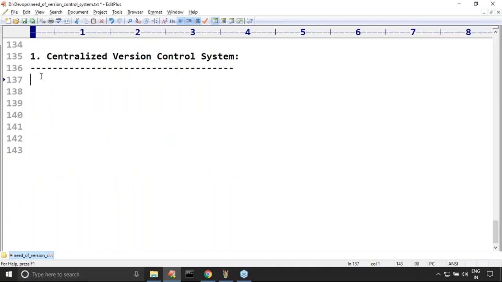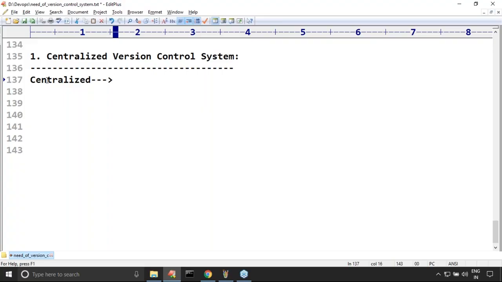Now observe carefully one important terminology: centralized version control system. The name itself indicates centralized. What is the meaning of centralized? Respond.